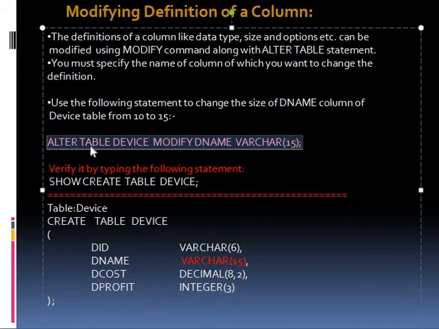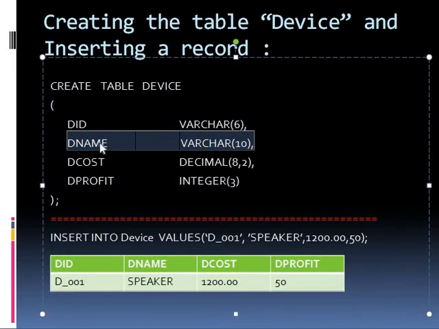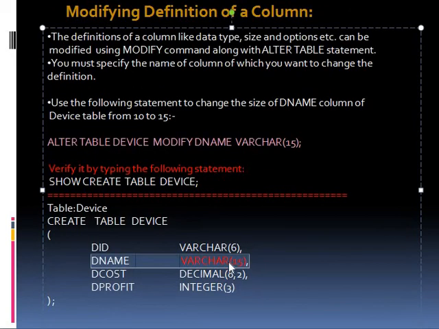As a result, this statement alters the table device and then modifies the column dname in such a way that its definition changes into varchar 15. Okay, so you end it with a semicolon. So on executing this statement, the column definition for the column dname has changed from varchar 10 into varchar 15.